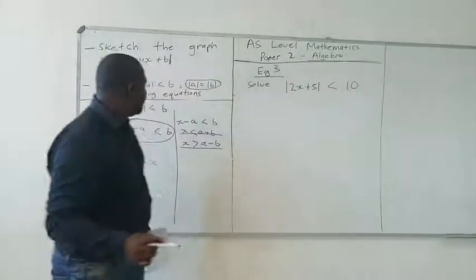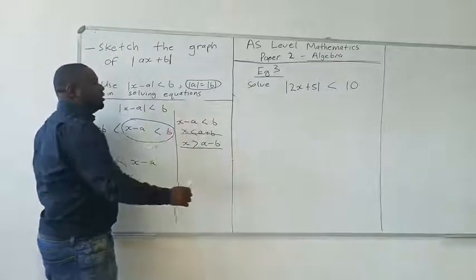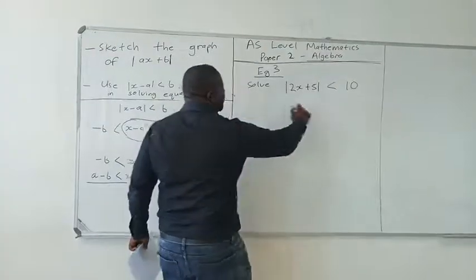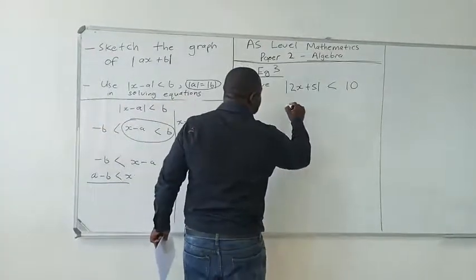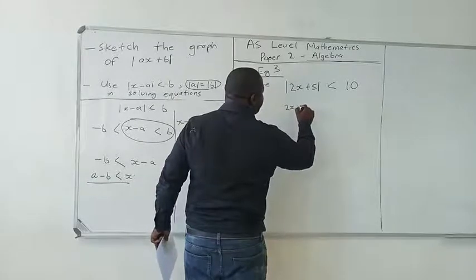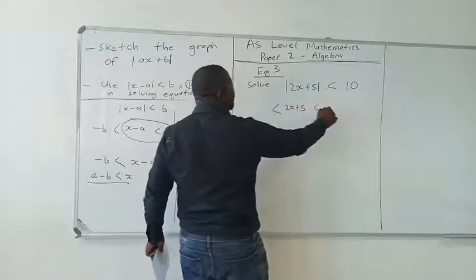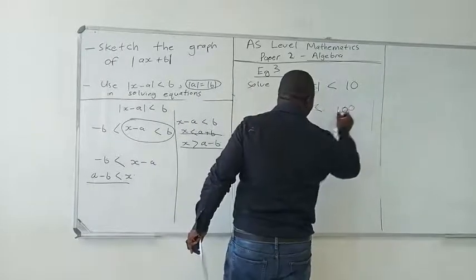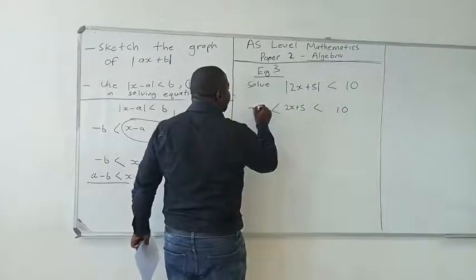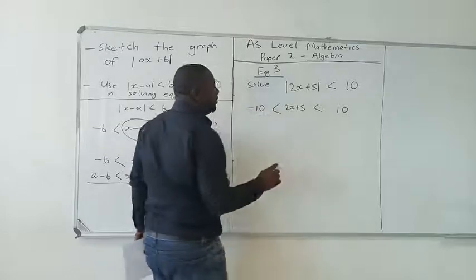As I said earlier on, this statement here means that 2x plus 5 lies between positive 10 and negative 10.